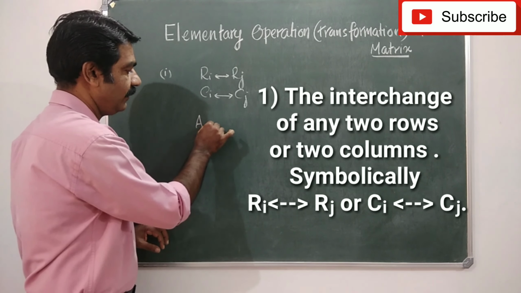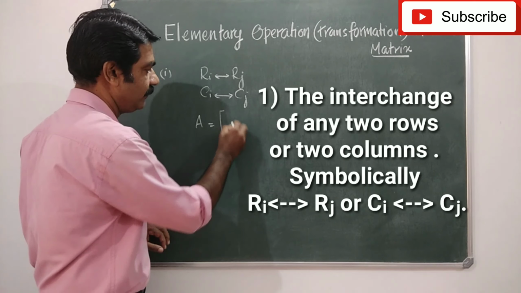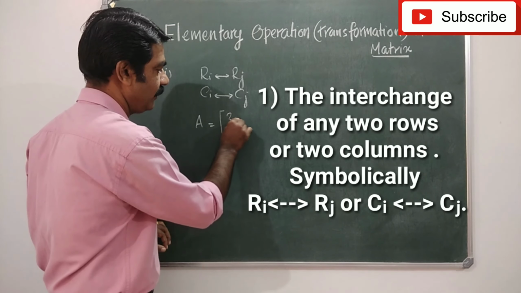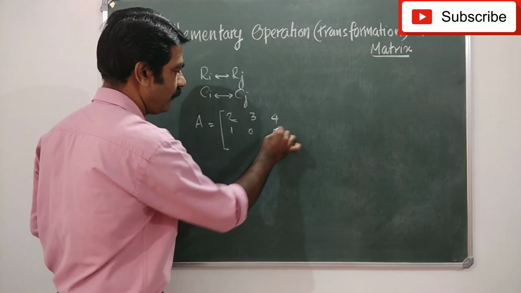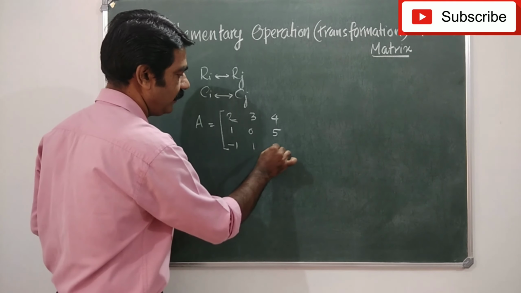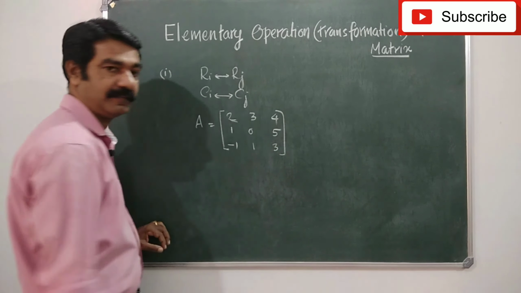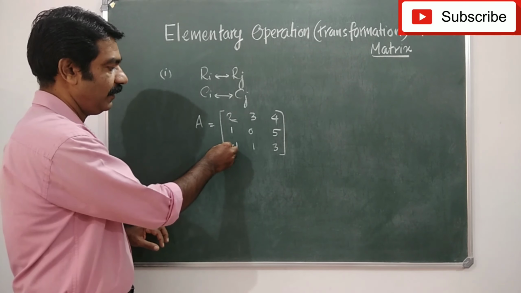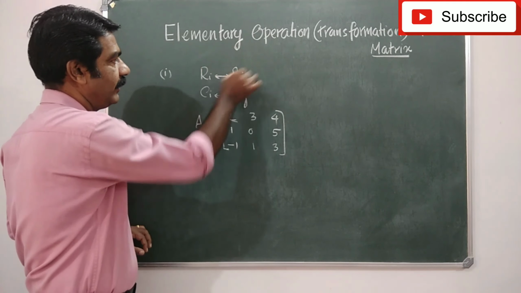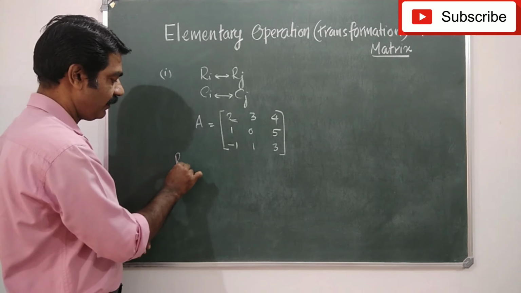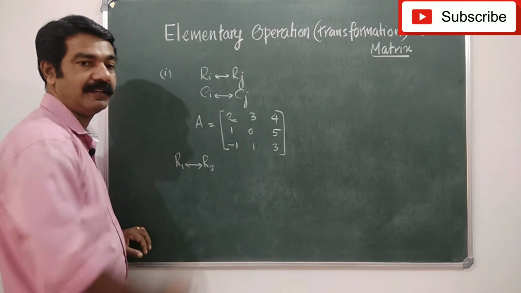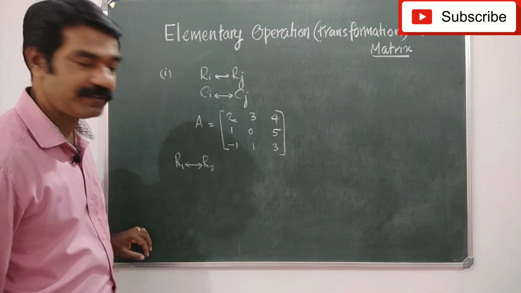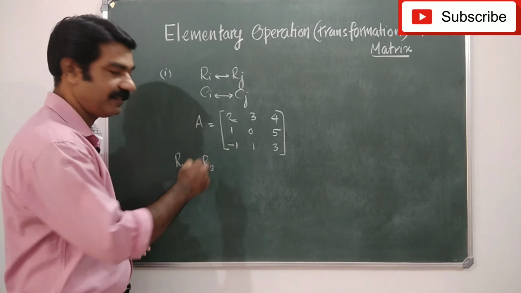Example, let A be the matrix 2, 2, 3, 4, 1, 0, 5, minus 1, 1, 3. Suppose a given matrix. In this matrix, we are applying an operation R1 interchange R3.